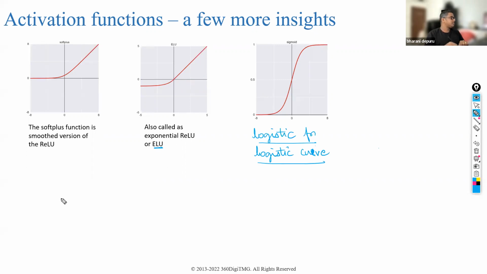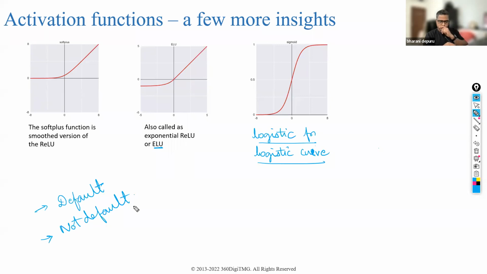And if I have a business problem such as whether a person will default or not default, a two-class problem, whether a person will default on the loan or not.